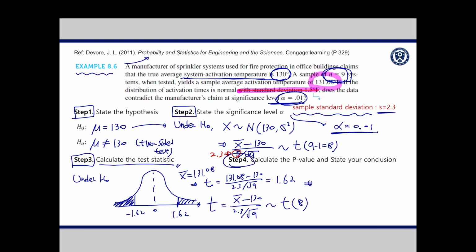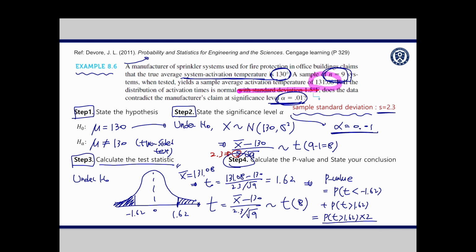So in step 4, the p-value is the probability t less than minus 1.62, multiplied by 2, because the distribution is symmetric.